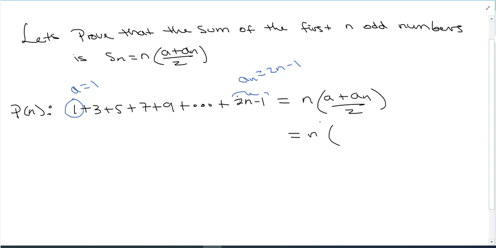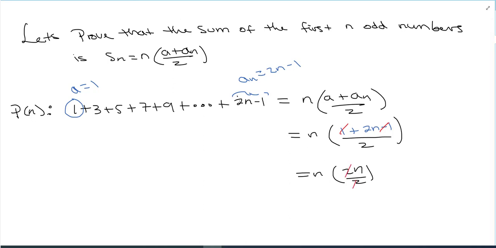My a is 1, a sub n is 2n minus 1, and I'm dividing the whole thing by 2. Notice that something interesting happens here. The 1's cancel, so I have n times 2n over 2, but the 2's cancel as well. So we're left with n times n, which is n squared.